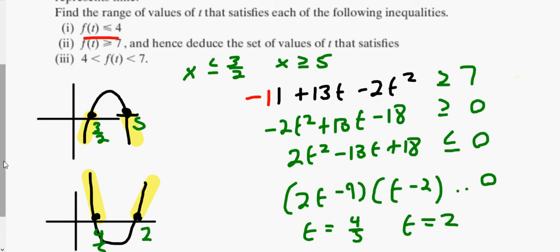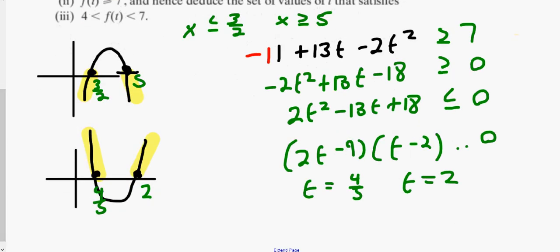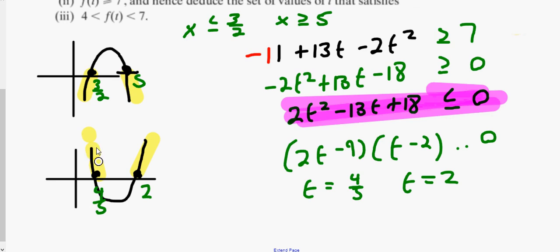Now, I'm going to use the u-shaped graph. The u-shaped graph is this one here. And when I do that, what we're going to get, that's it, 4/5 and 2, is it? Wait a sec, lads.